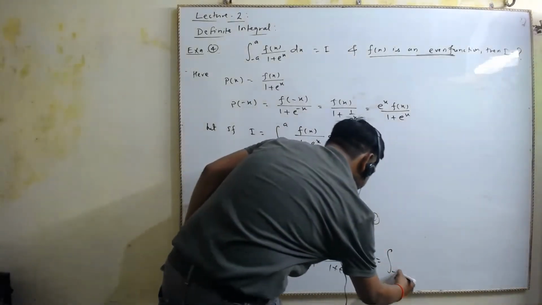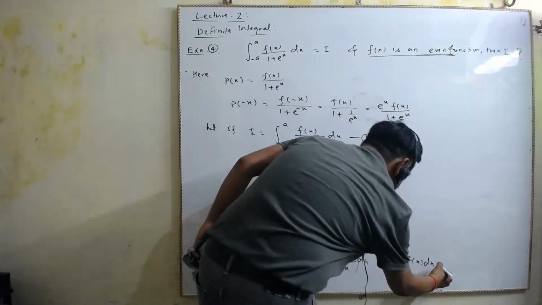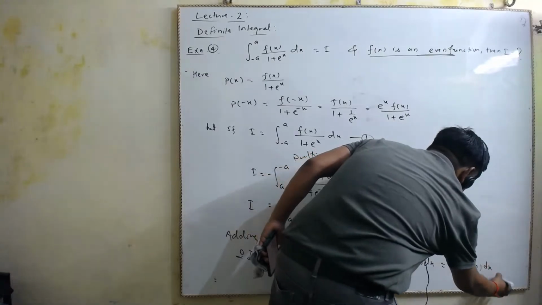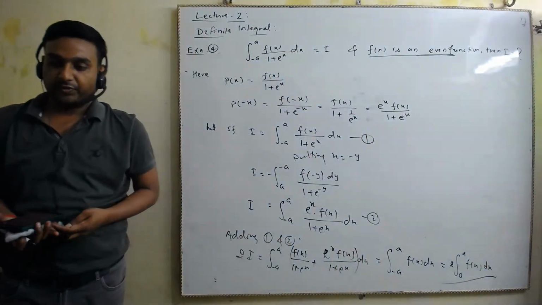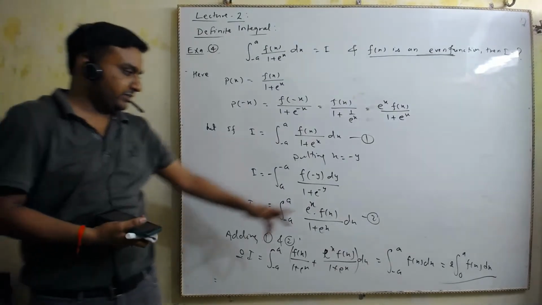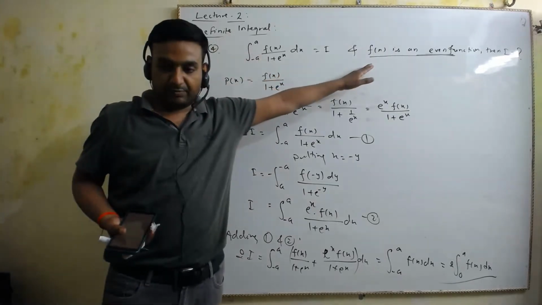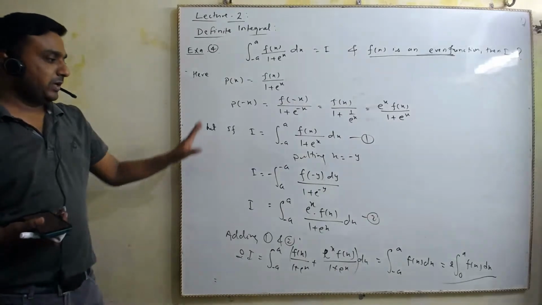It should stay on minus a to a, f of x dx. So this will be 2 times. Okay, so if f of x is not given to you, then the answer will be in the shape of f of x. If f of x is given more precisely, then we will be using it there. Please note down.